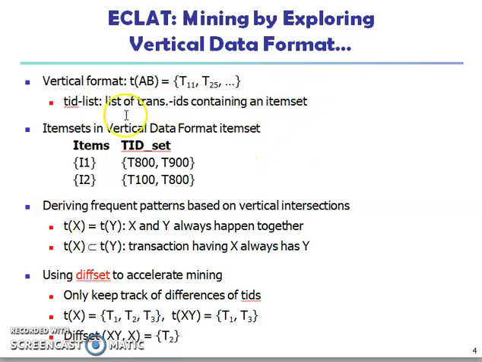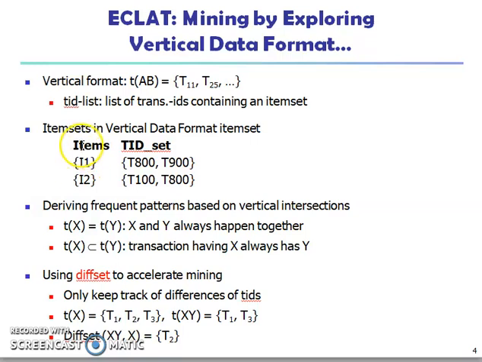Suppose the transaction of AB is T11 and T25. Like that, if you have a number of transactions, this transaction list can be given in this format. Here you can take items, here I1, I2.